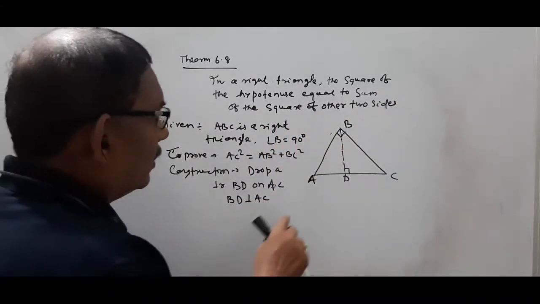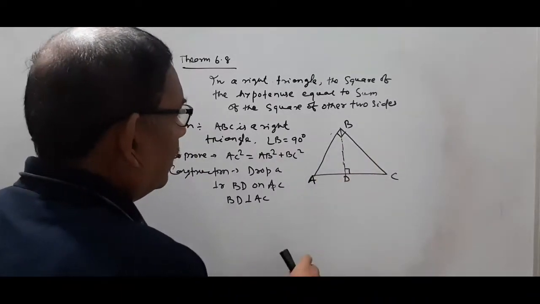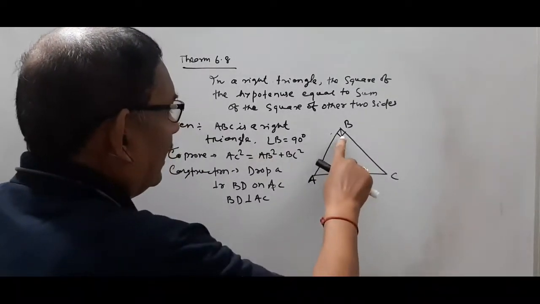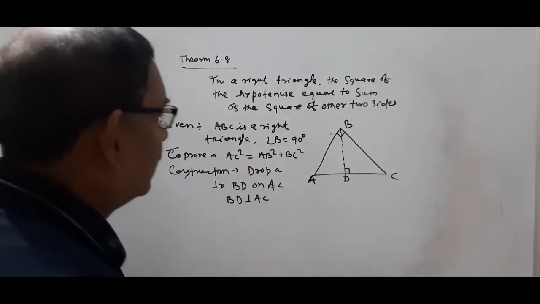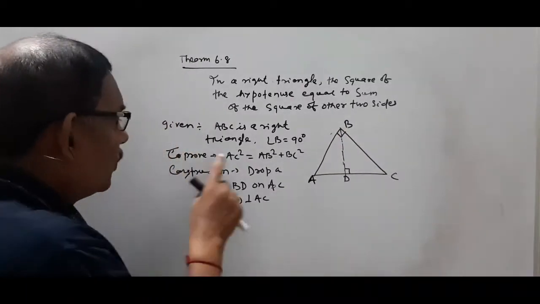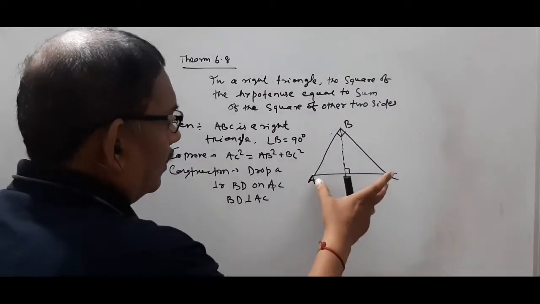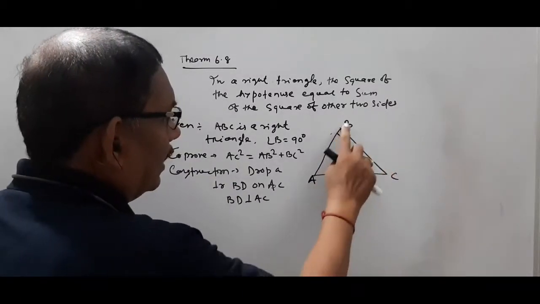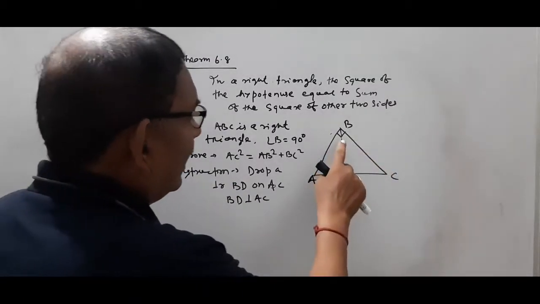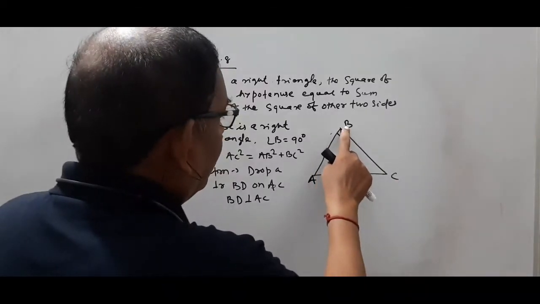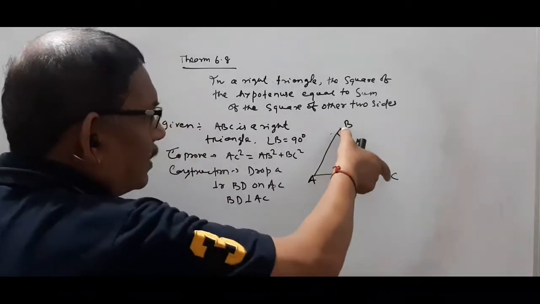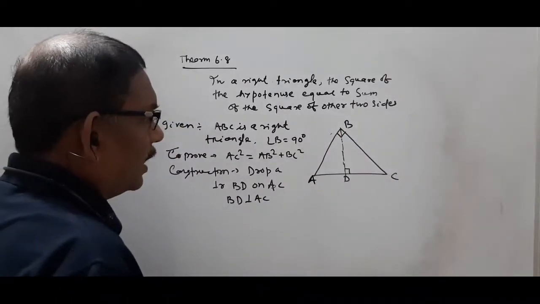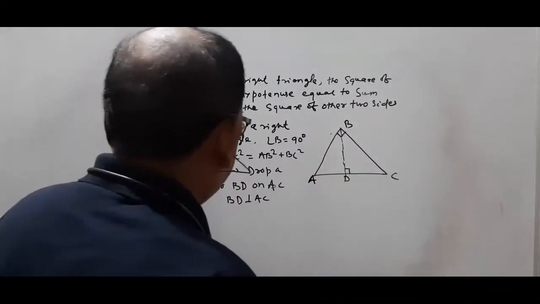The given data is ABC is a triangle and it is right angled at point B. So it is a right angle triangle. Clear? Now to prove, AC is the hypotenuse of the triangle ABC because it is right angled at point B. So AC square equal to AB square plus BC square. It is clear from the diagram.